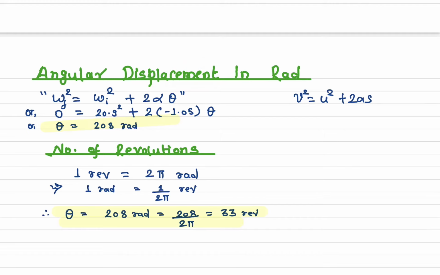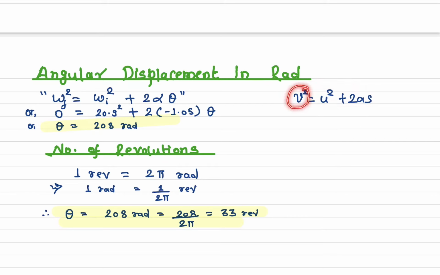We know this equation, v squared is equal to u squared plus 2as, and this is in linear motion, and I'm going to translate this equation into rotational motion.